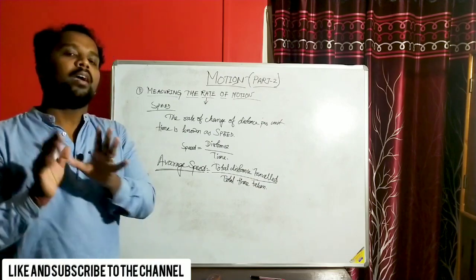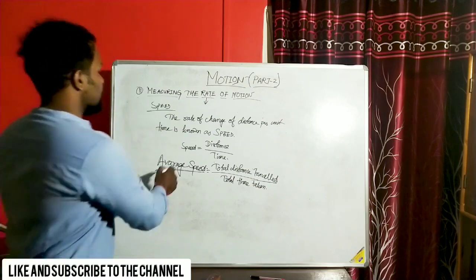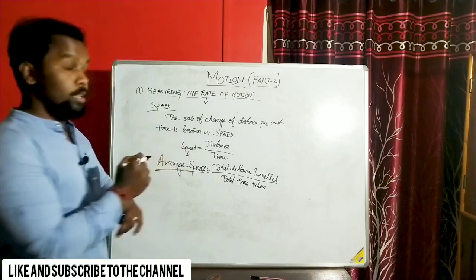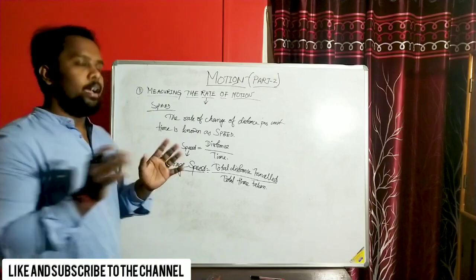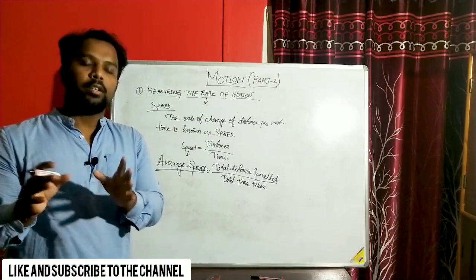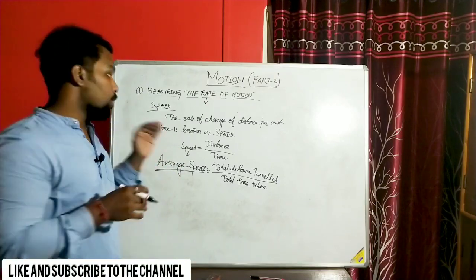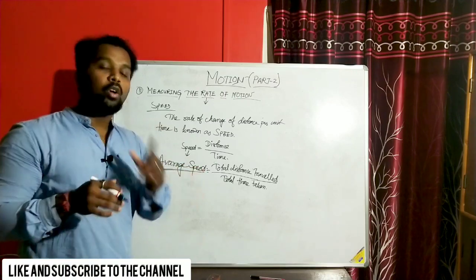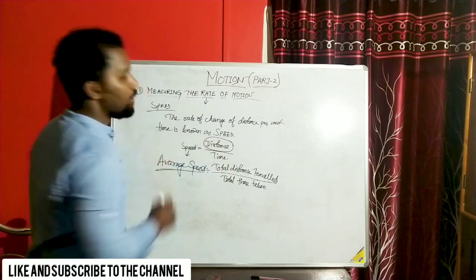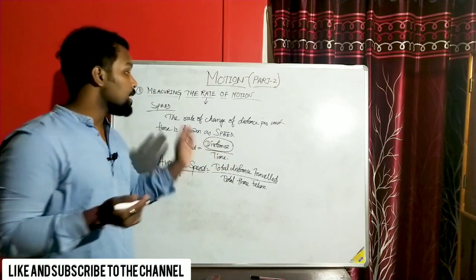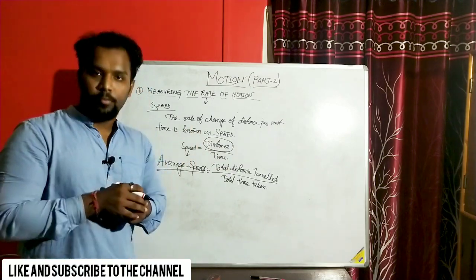If I ask you why speed is a scalar quantity, though I know it is a magnitude or only deals with magnitude, before speed you have one more term. That term is distance. And distance itself is a scalar quantity.